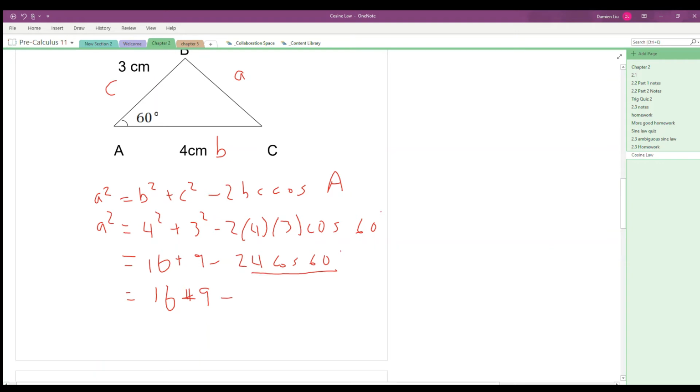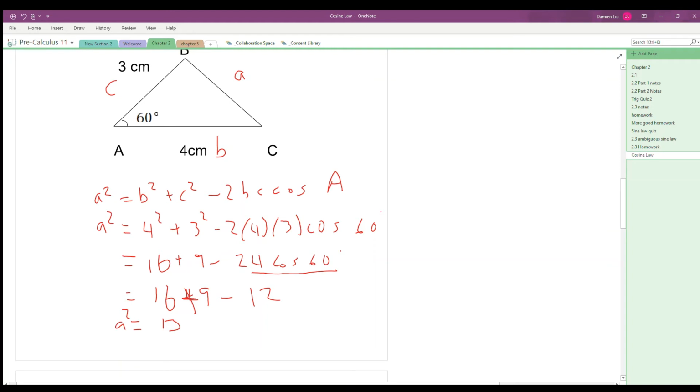So 24 times cos of 60 degrees. So you need cos 60 times 24, and I get 12. So it's 16 plus 9, 25, take away 12, which is 13.